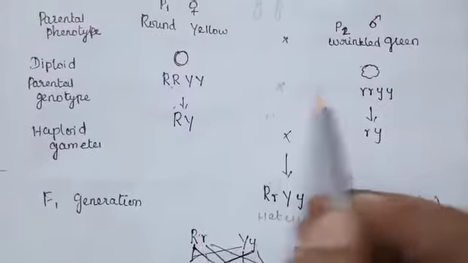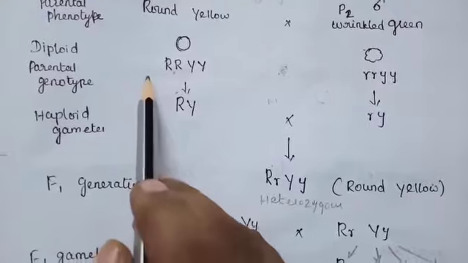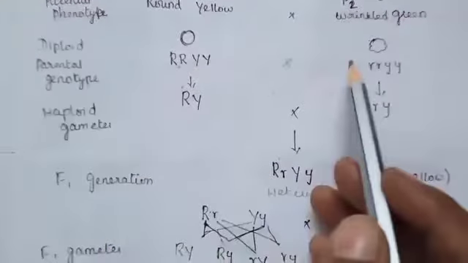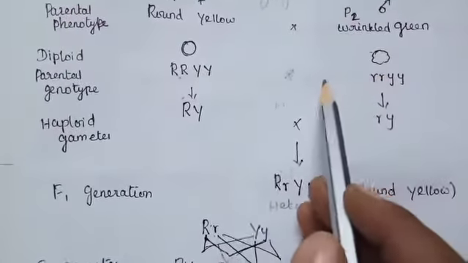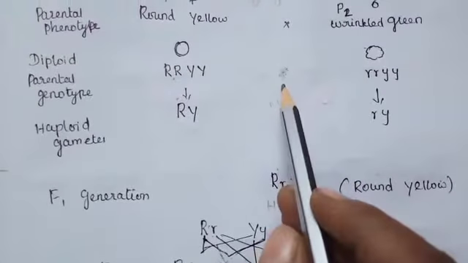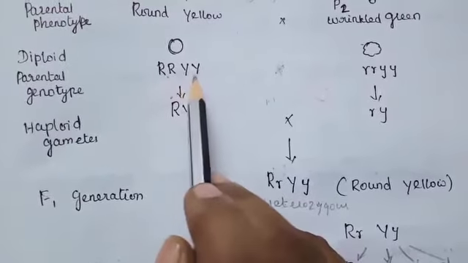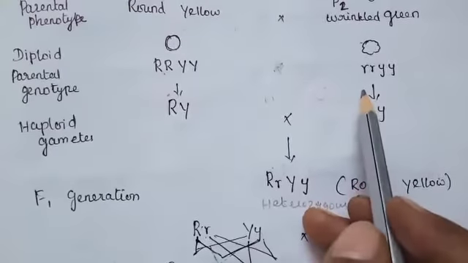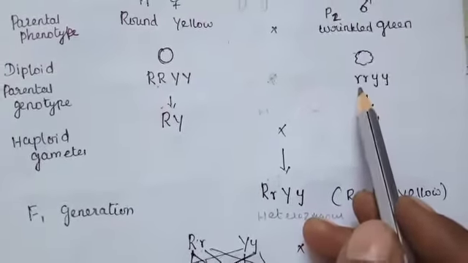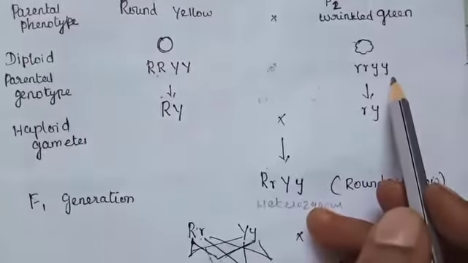And in cotyledon color, capital Y yellow is dominant over small y green. Hence the pure breeding round yellow parent has the genotype capital R, capital R, capital Y, capital Y, and the pure breeding green wrinkled parent is small r, small r, small y, small y.